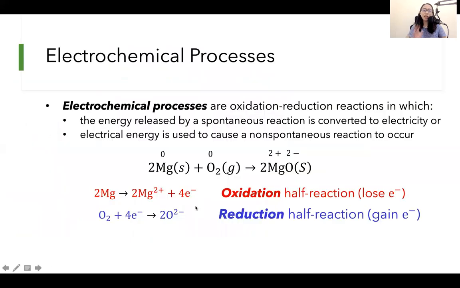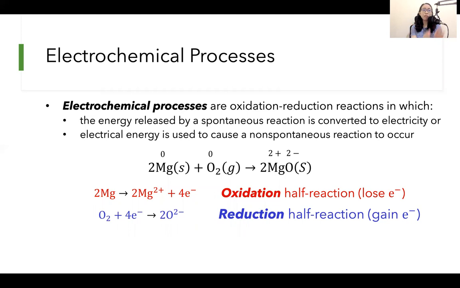So what are redox reactions? Redox reactions are what we call electrochemical processes. So it's not just a chemical reaction. If you remember, we define a chemical reaction as the rearrangement of atoms. But in redox reactions, or electrochemical processes, it's not just the rearrangement of atoms, but there is also electron transfer involved.